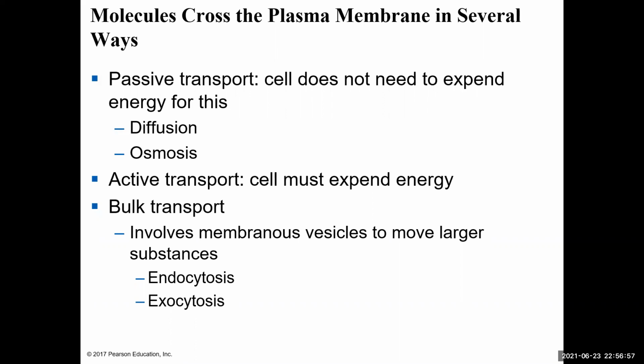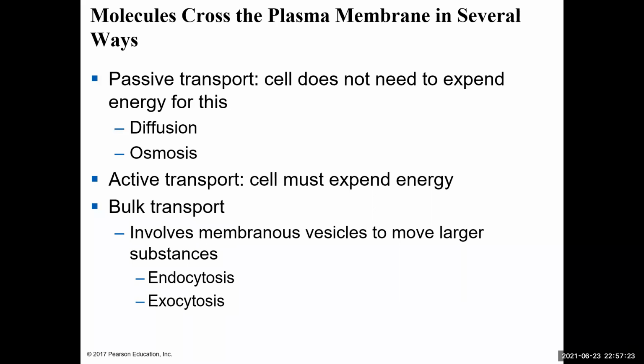There are a couple of different ways that this can happen. One is called passive transport. Passive transport is a type of movement that does not need energy for those molecules to move. So the cell can allow these molecules to move in and out of the cell, and it doesn't use any ATP during this process.